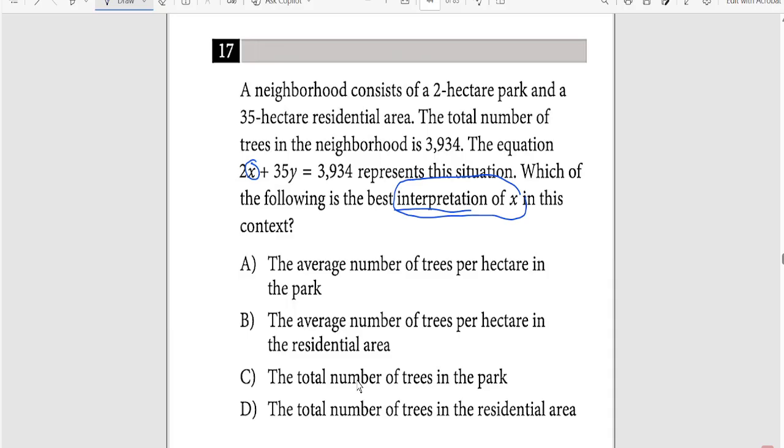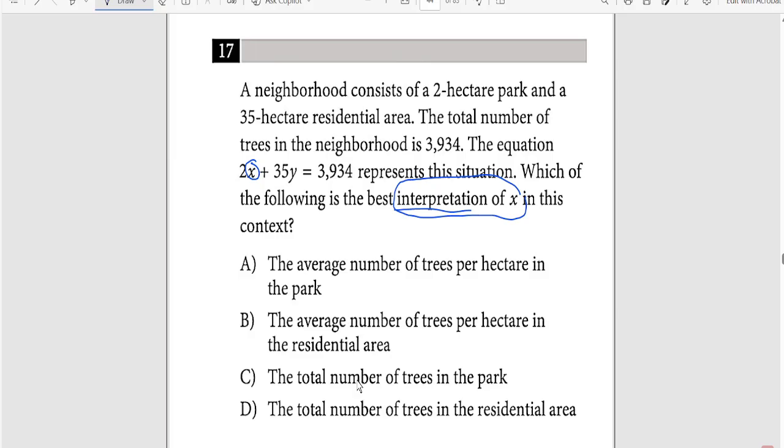So in this equation 2x must represent the total number of trees in the park, and 3y must represent the total number of trees in the residential area, right? So for 2x to be the total number of trees in the park, 2 hectares, x must represent the average number of trees per single hectare in the park.